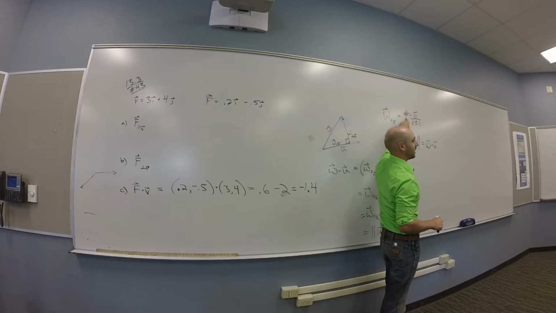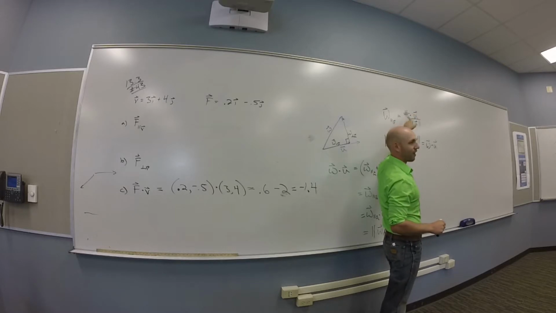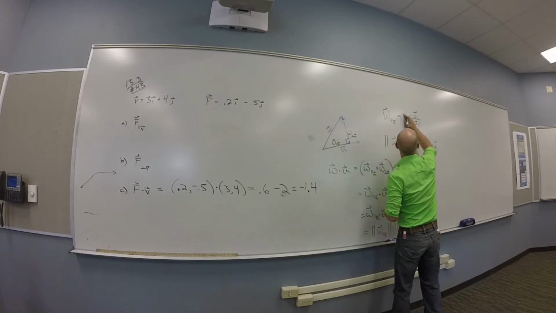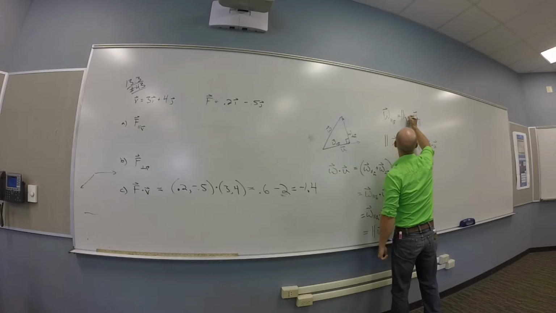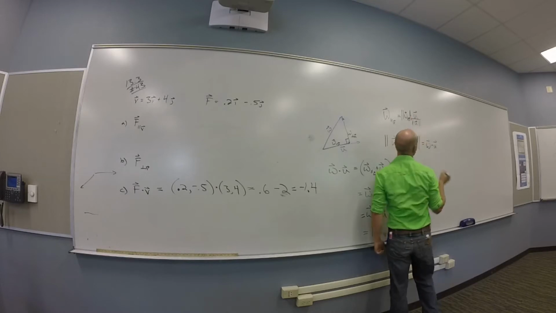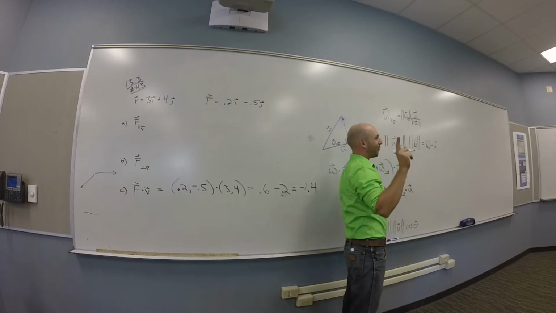And then this is going to be the length of the parallel vector. You guys see that? So this guy really should be the magnitude of w parallel to u. And I know what that is.